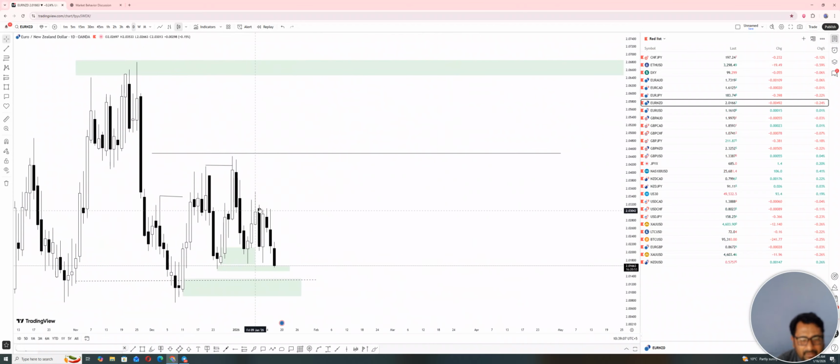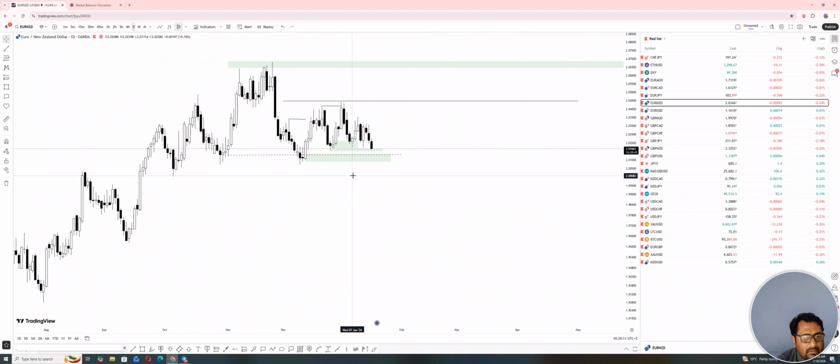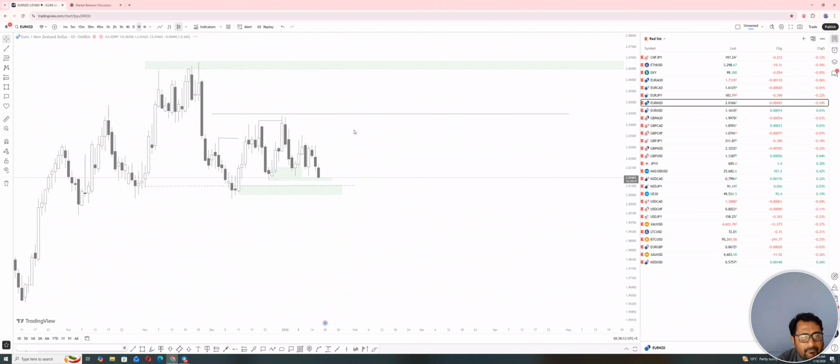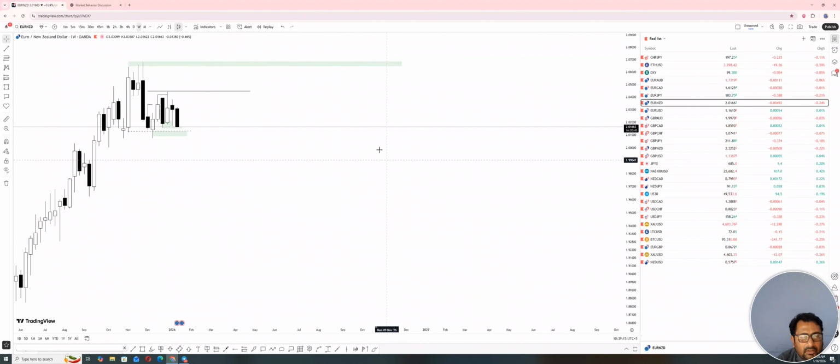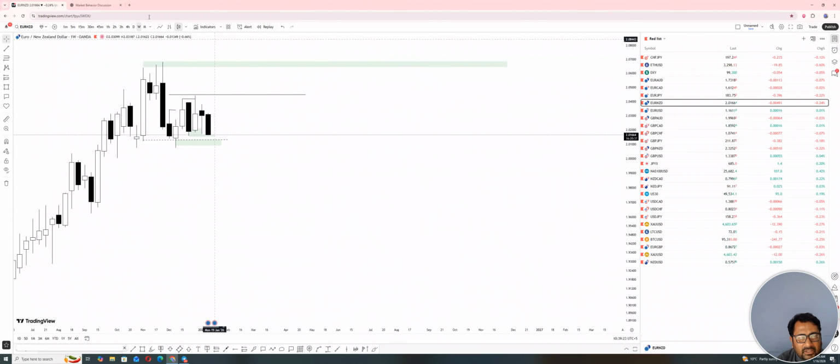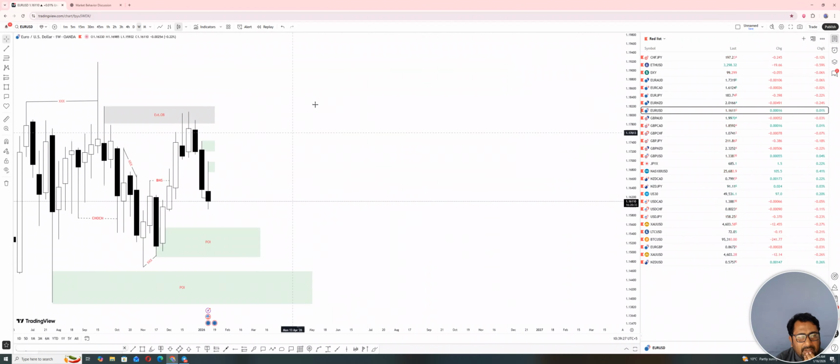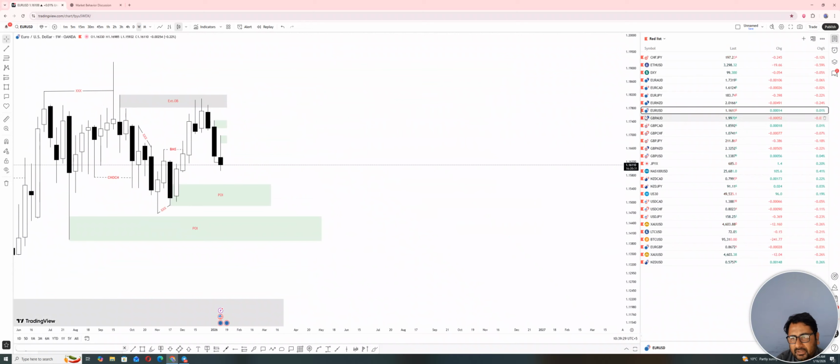We have a CRT running, finally the market took the low, and we have the weekly time frame. So we are waiting for bullish from here, but we will use confirmation. Now you understand that the market will take the time, and we have EUR/USD. I already explained the reason we are not taking the trade.